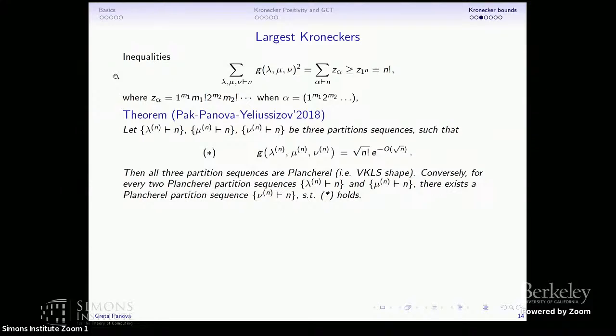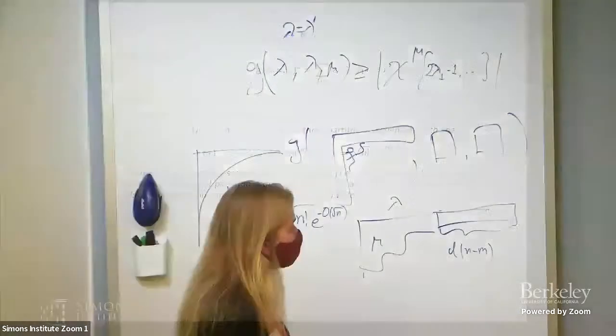Basically the theorem has two parts. First, suppose that we have a sequence of partitions for which the Kronecker coefficient goes to the largest possible value; then these partitions will have to have this shape.